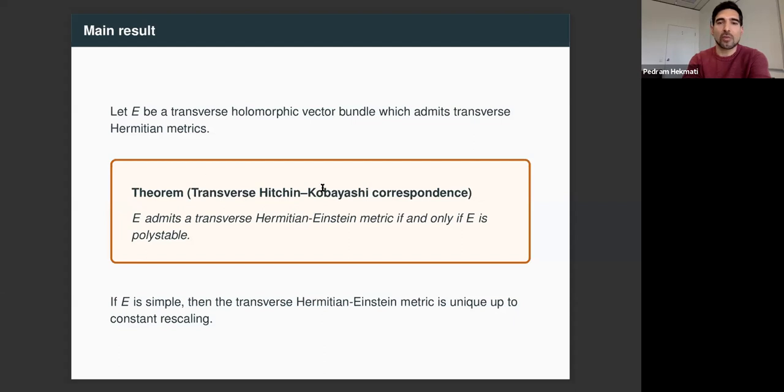So the transverse Hitchin-Kobayashi correspondence gives you a necessary and sufficient condition for the existence of transverse Hermitian-Einstein metrics, namely that the bundle is polystable. And if your bundle is simple, then the metric is actually unique up to rescaling.